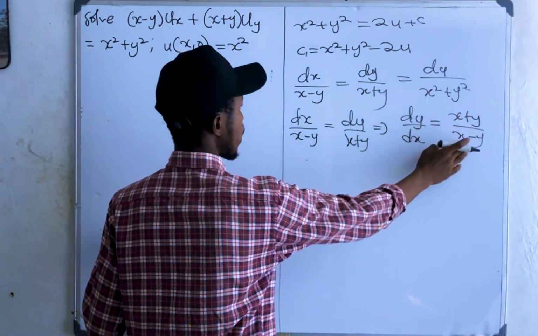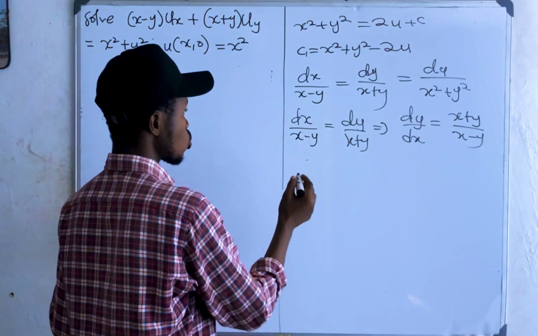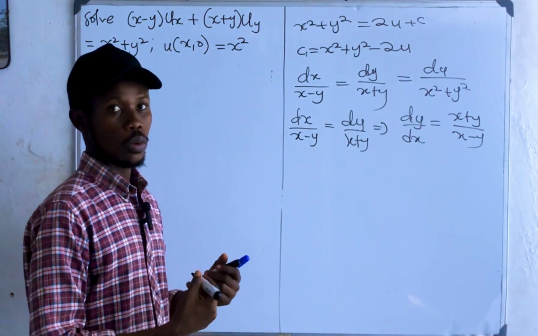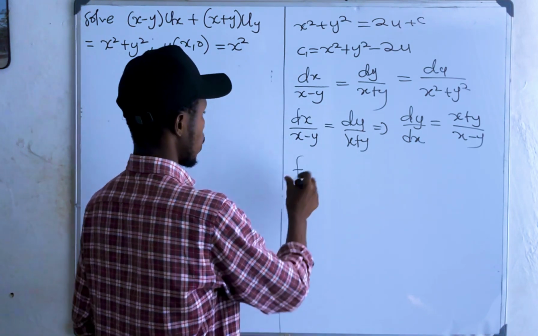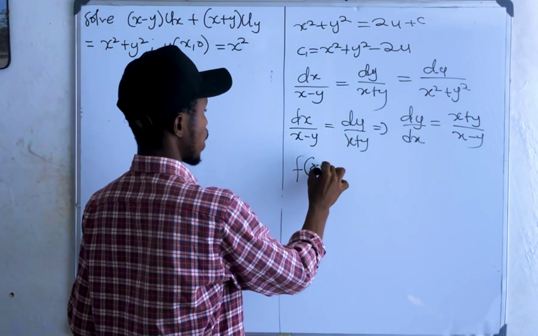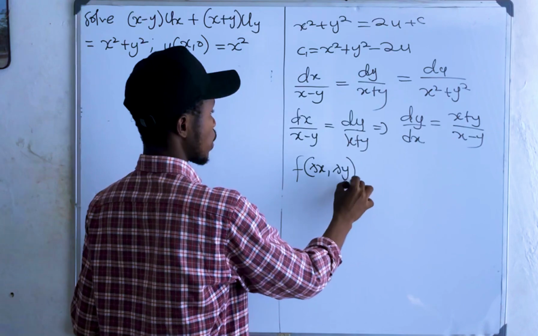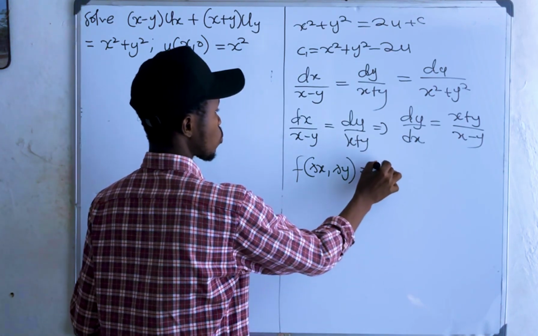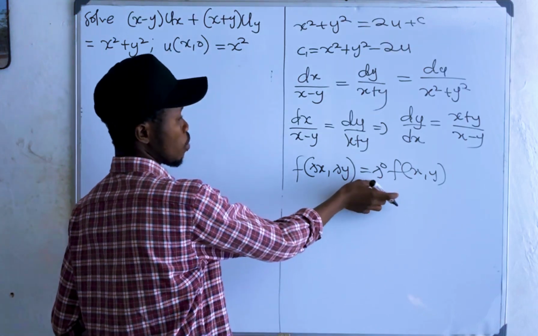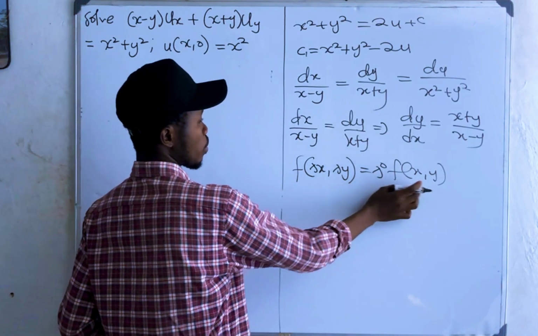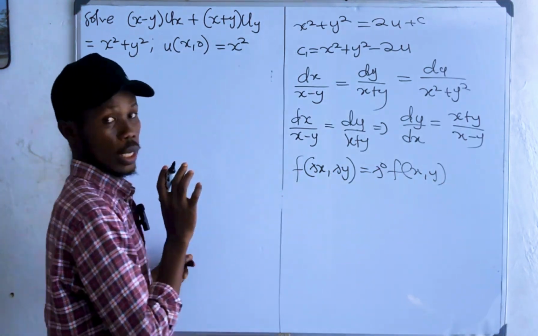Now dy dx equals x plus y over x minus y, right? So the homogeneous equation, the theorem says that, let's say if I have f at lambda x, lambda y, then after I'm done solving it, I should get this f of x, y. That lambda should be out and it should be power 0 multiplied by the function itself.